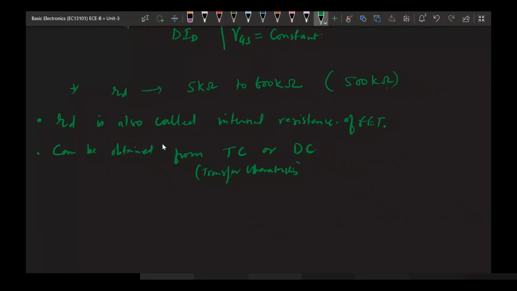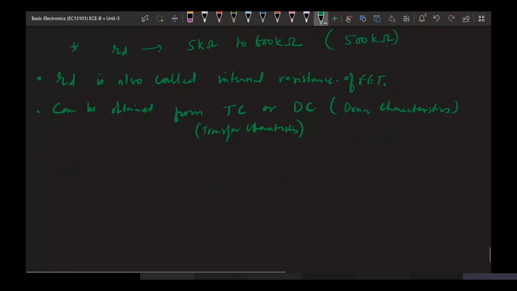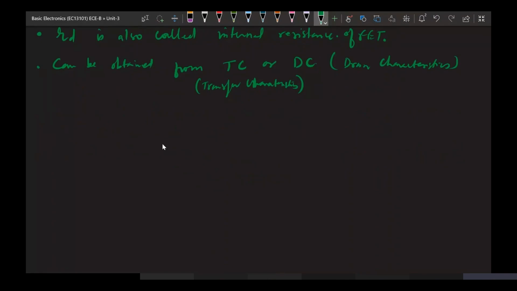We will just see the drain characteristics. In the case of FETs, the drain characteristics have VDS on this axis and ID on this one. As we increase VDS, ID increases linearly, and after pinch off it becomes constant.